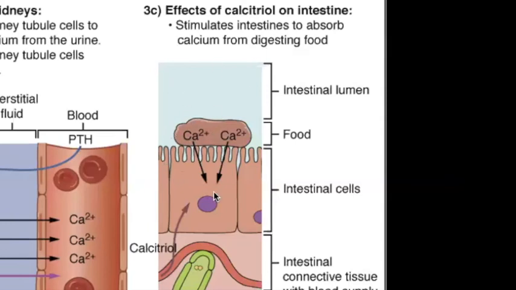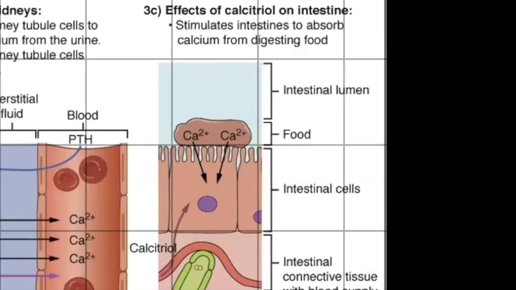Greater calcium absorption from your digestive tract means you're getting more calcium into the blood with this calcitriol. So that's your parathyroid hormone doing basically three things: bringing blood minerals, calcium, in from the bone, reabsorbing it from the kidneys, and causing more absorption from your intestine through calcitriol.